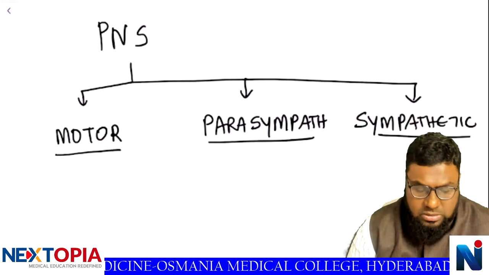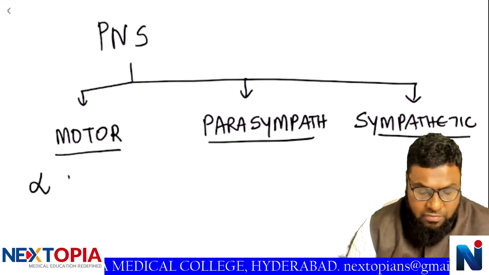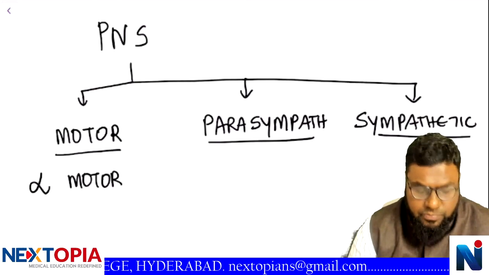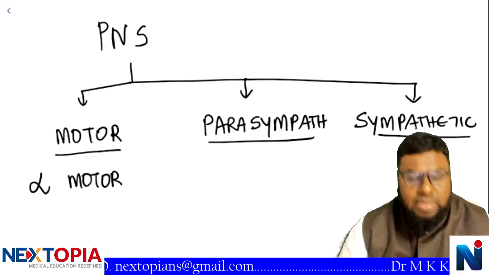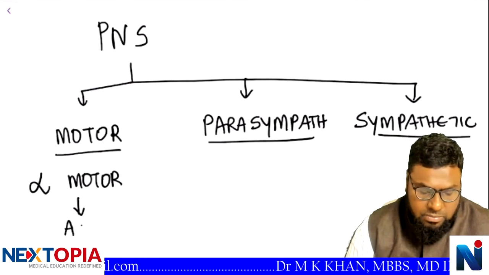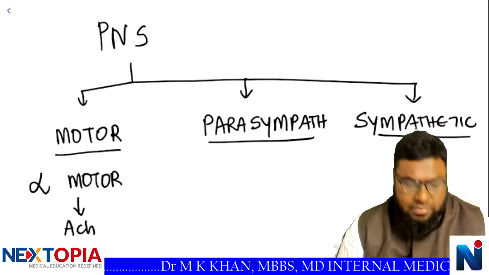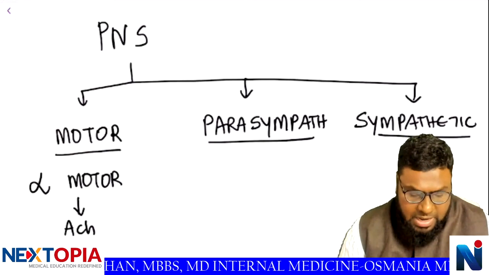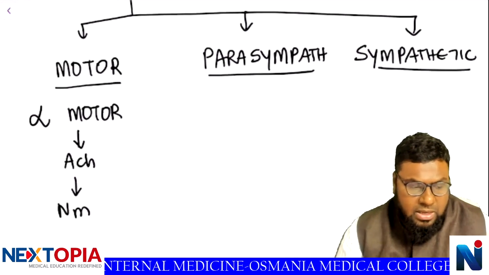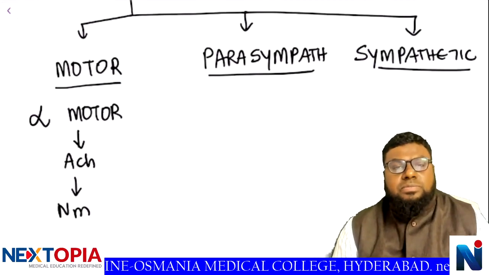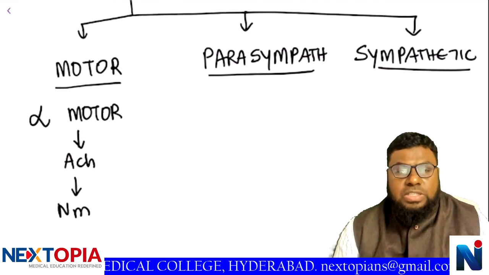The motor neurons communicate with muscles with the help of the alpha motor neuron, which releases acetylcholine and binds to the NM type of receptor. I already told you this point. It binds to the NM type of receptor and brings about fast action potential.